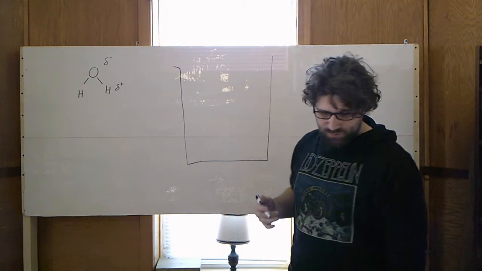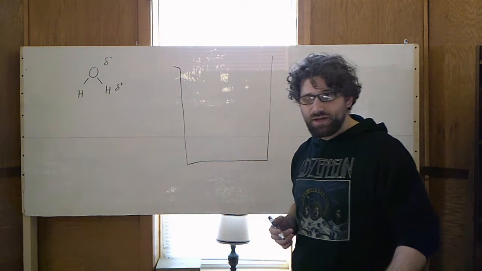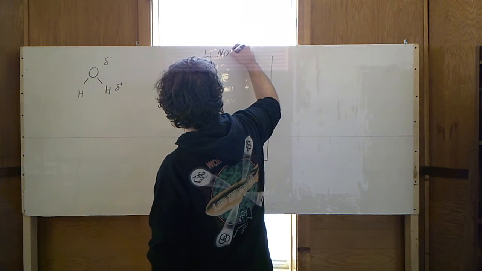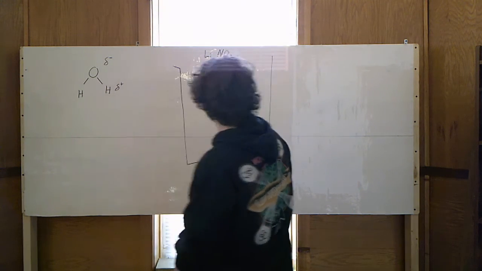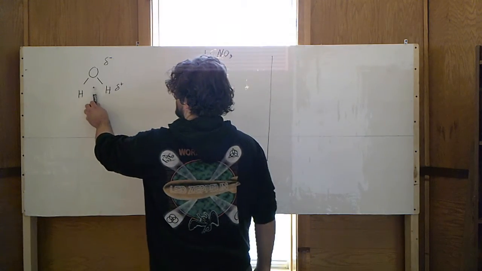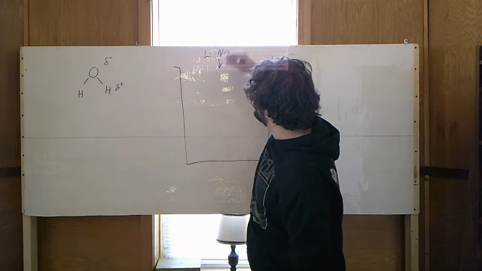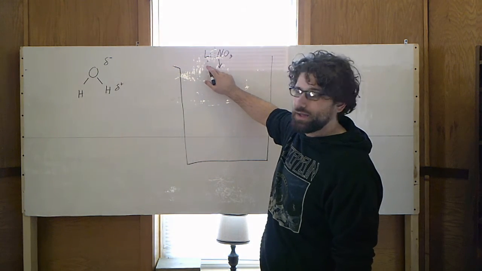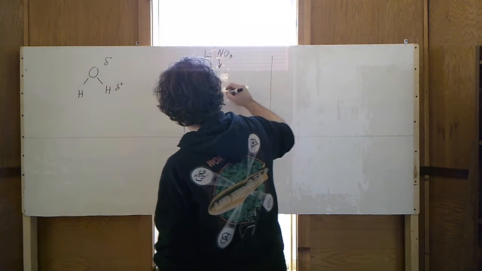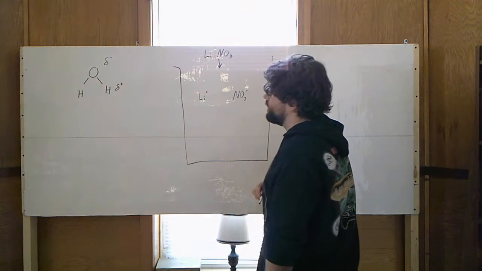And I wanted to dissolve, say, here on this first page, let's look at lithium nitrate, LiNO3. When I drop this in, the way that it dissolves is going to be this polar bond working its way in between our ions. So I've got lithium as a positive ion, nitrate as a negative ion.